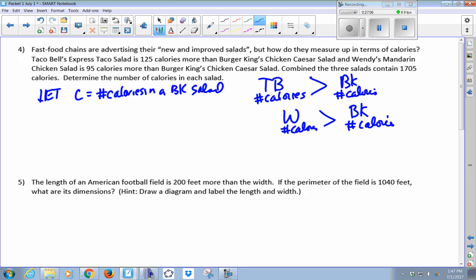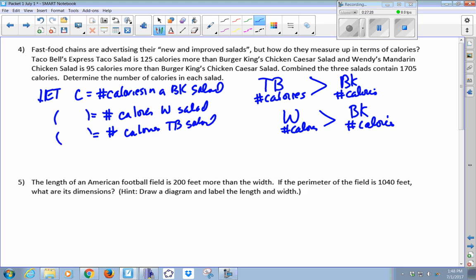I'm not going to write what kind of salad it is. That's irrelevant. Now my job is to write out, in terms of C, the number of calories that's in the Wendy's salad and the number of calories that's in the Taco Bell salad. And they're both greater than the Burger King.